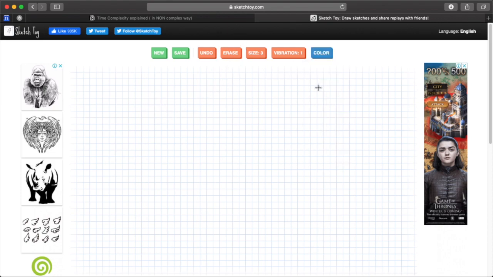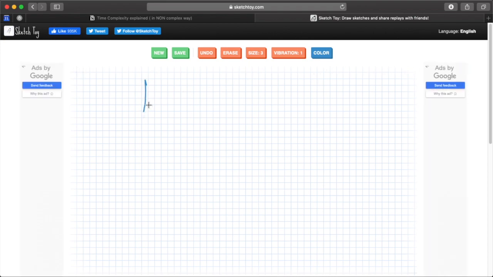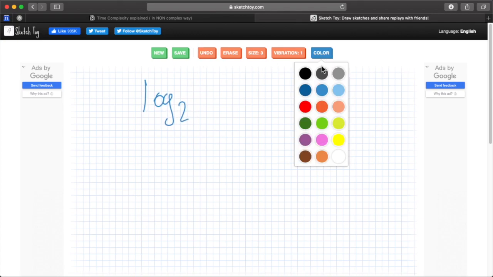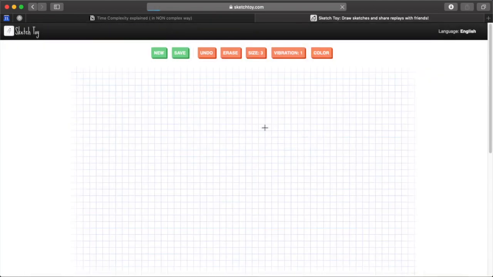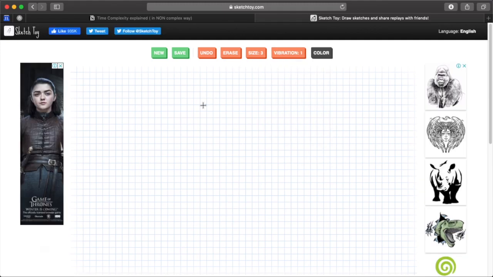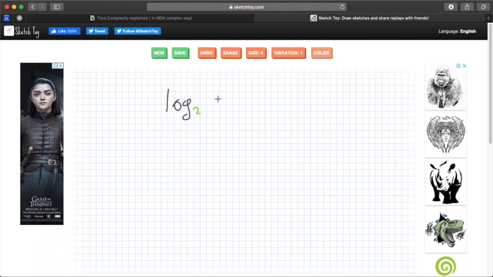So how you define a logarithmic function is like this: you say log base 2, this stands for the base, and a number, 64. Let's choose this color for log, another for the base, and another for our number, and let's say this is x.